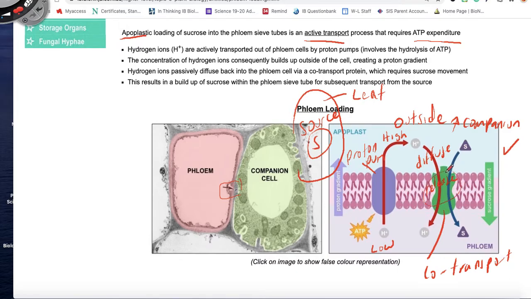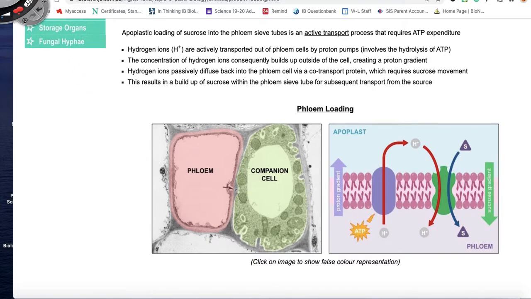And that energy that they release while they're diffusing back is used to co-transport that sugar. So then this protein is going to be used to diffuse the hydrogens back in and to also move the sucrose into the phloem. Okay, so that's what we refer to as active transport or active loading of that sugar into the phloem.